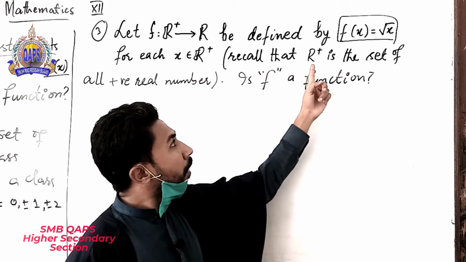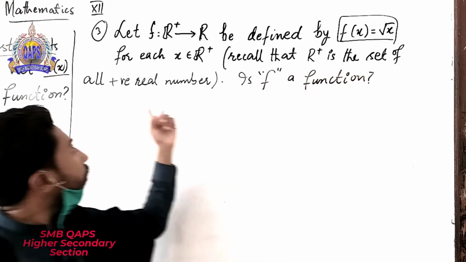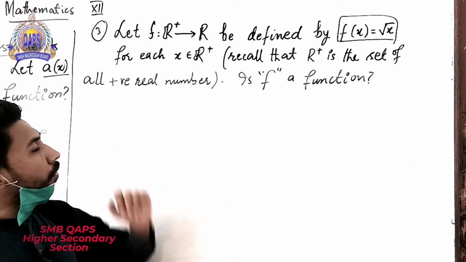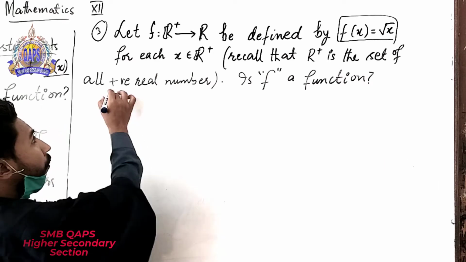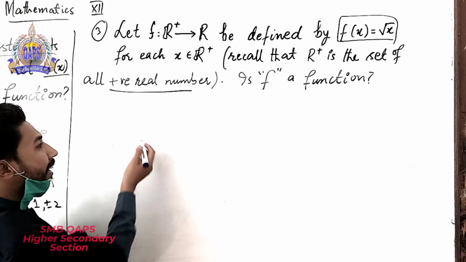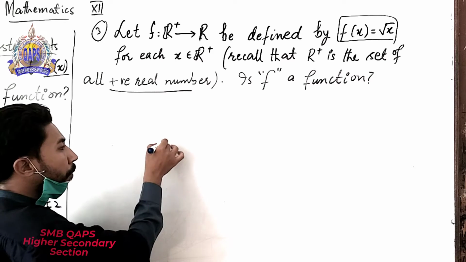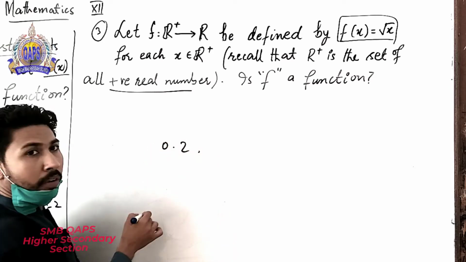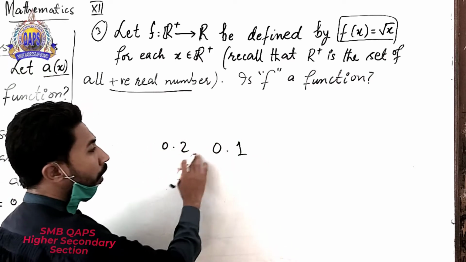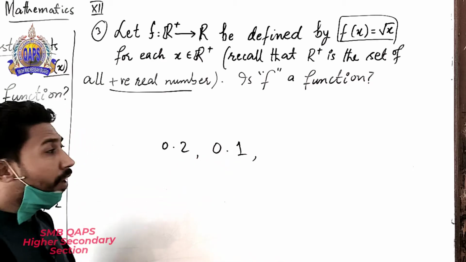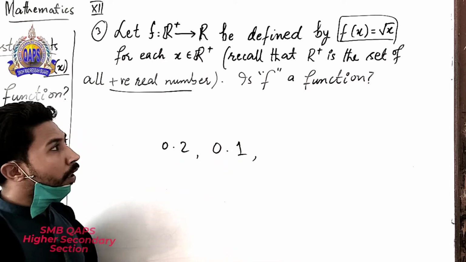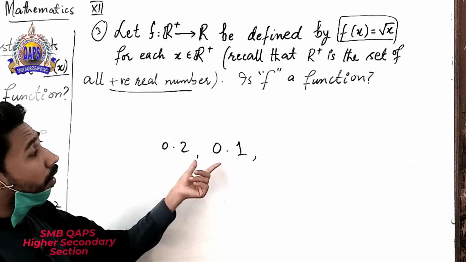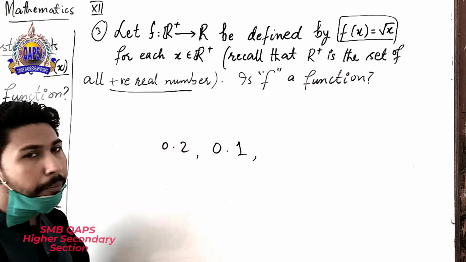Recall that the positive reals are the set of all real positive numbers, which start from greater than 0, such as 0.2 or 0.1, any number greater than 0. In this sense these are the positive real numbers.